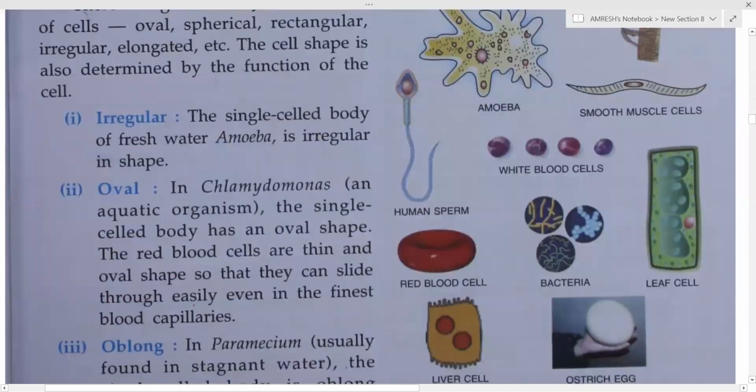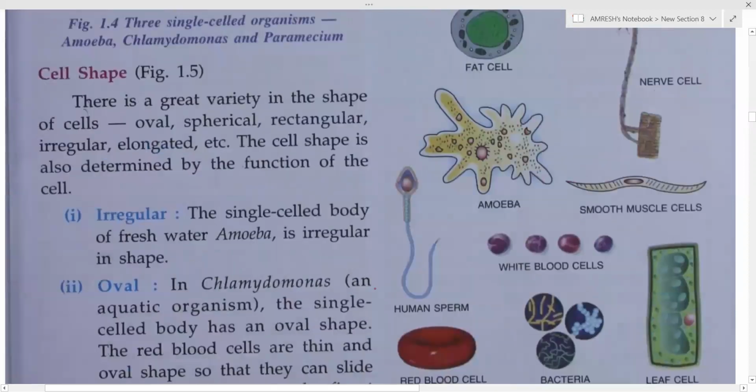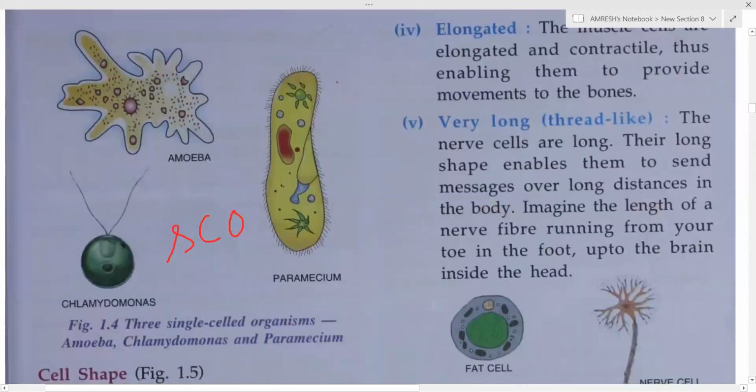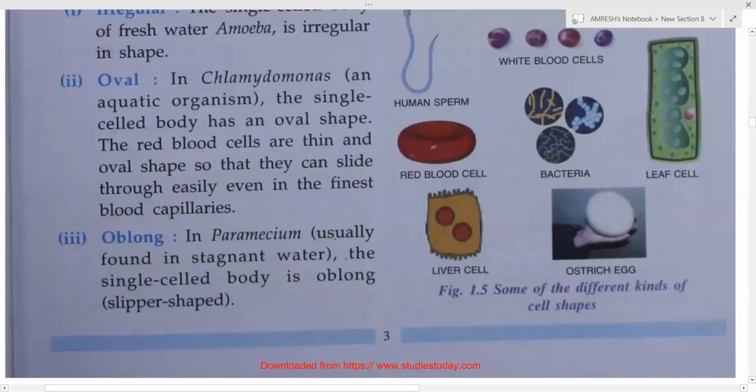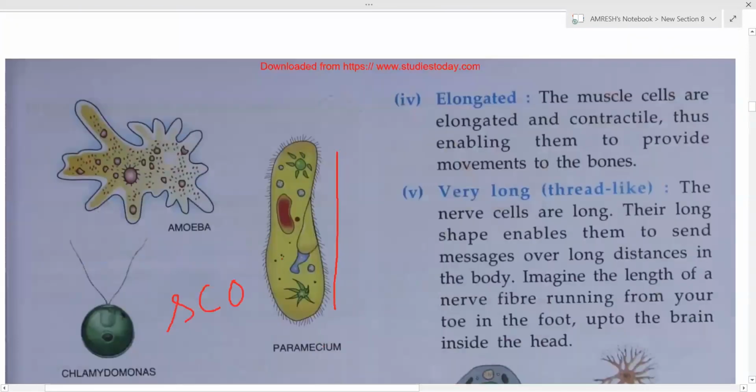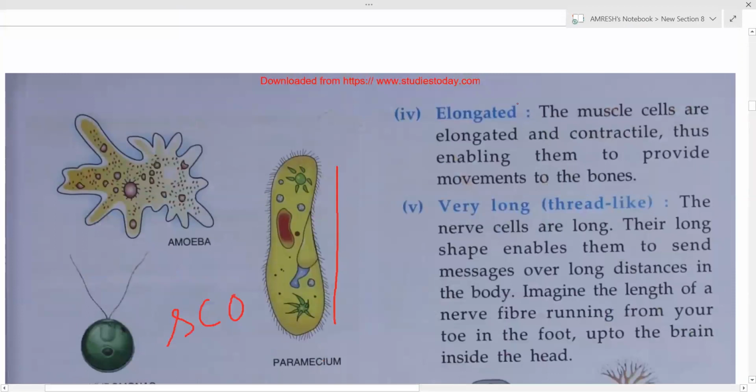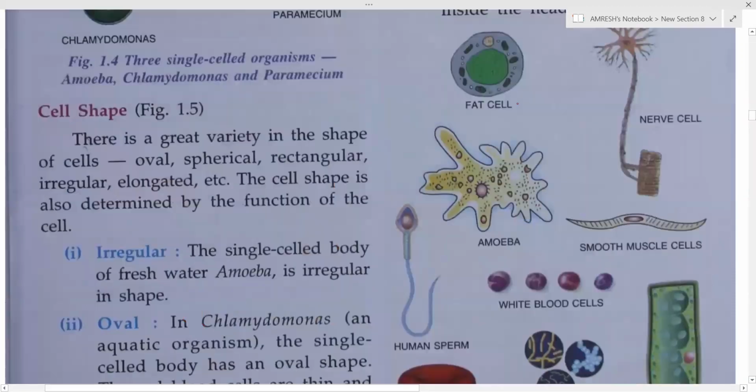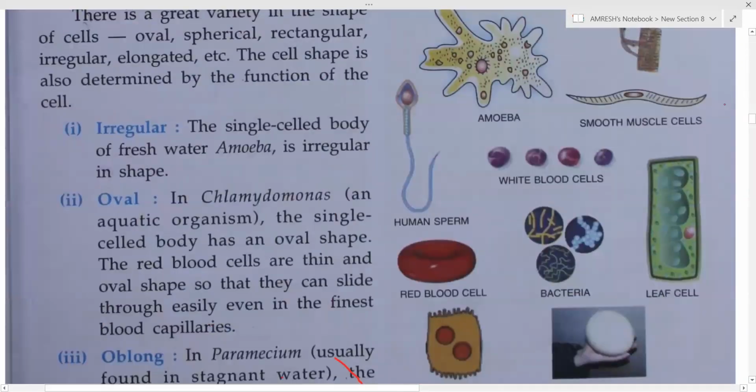Next is oblong, slipper-like shape. Oblong means elongated, you can say. Paramecium is found in stagnant water. The single celled body is oblong, meaning slipper shaped or elongated. Next is mushroom shape.